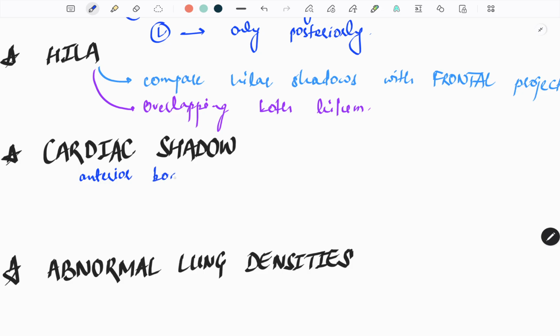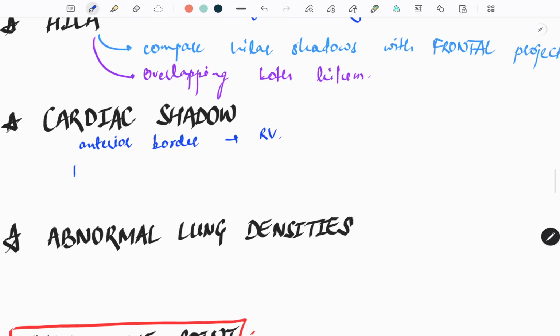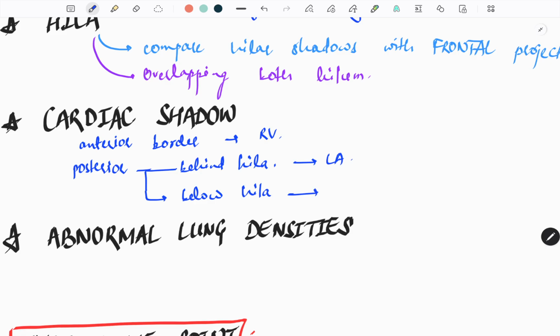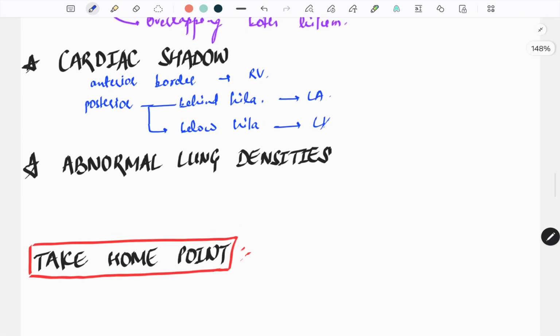The anterior heart border is formed by the right ventricle, whereas the posterior border behind the hila and below the hila is formed by the left atrium and the left ventricle respectively.